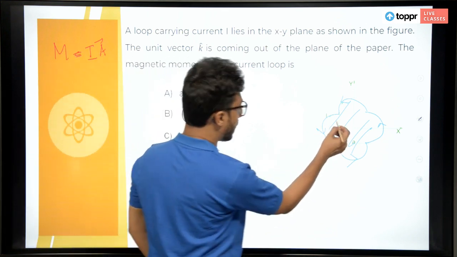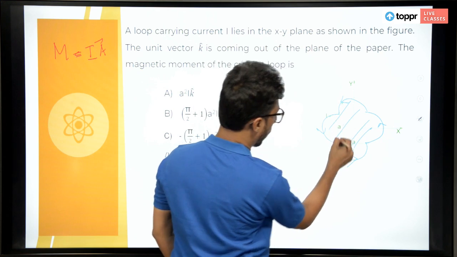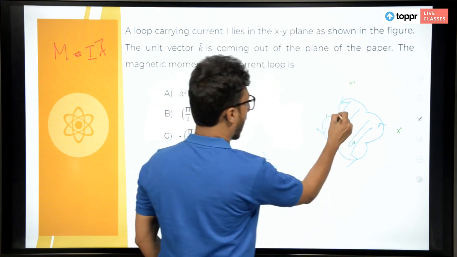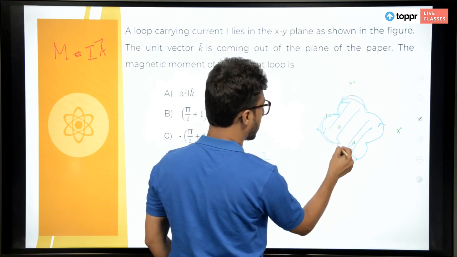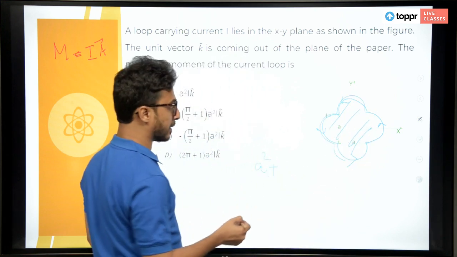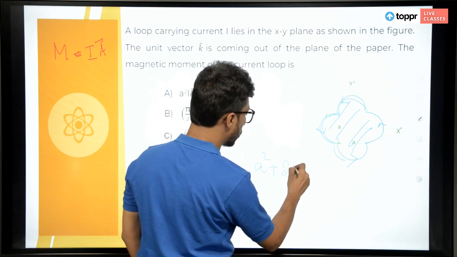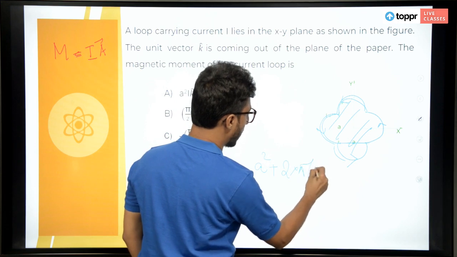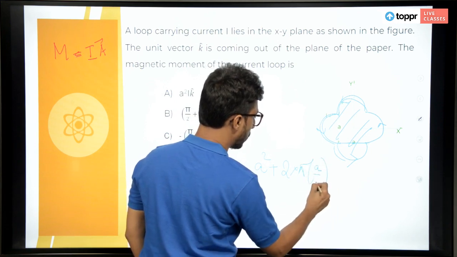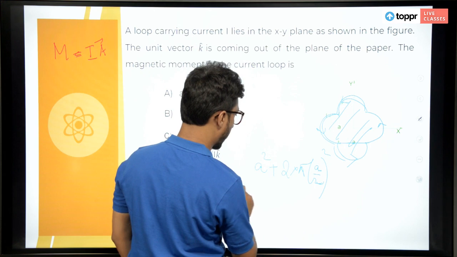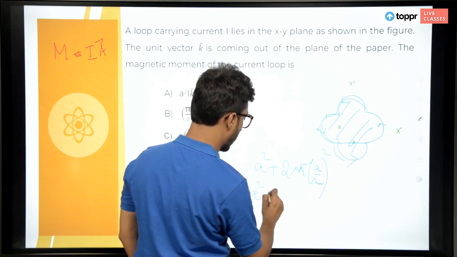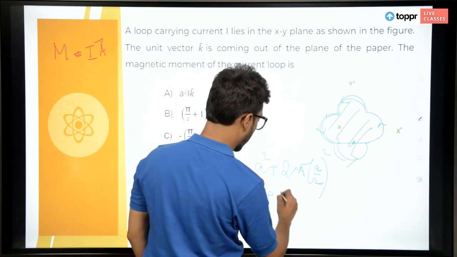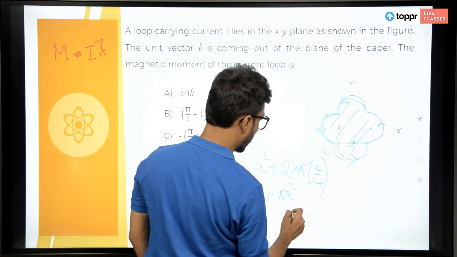See, in between there is a square of side A. So definitely one is A square, and there are 4 semicircles, means 2 circles, whose radius is A by 2. So pi A by 2 whole square, that is A square plus pi A square by 4.